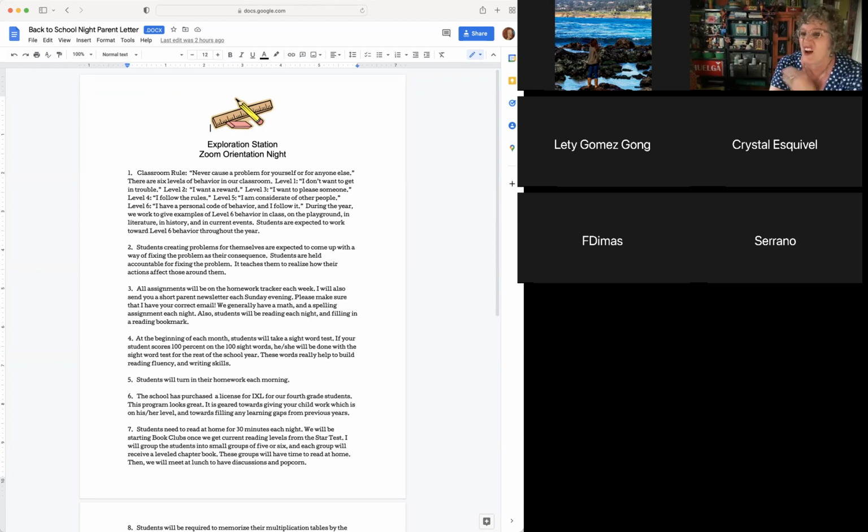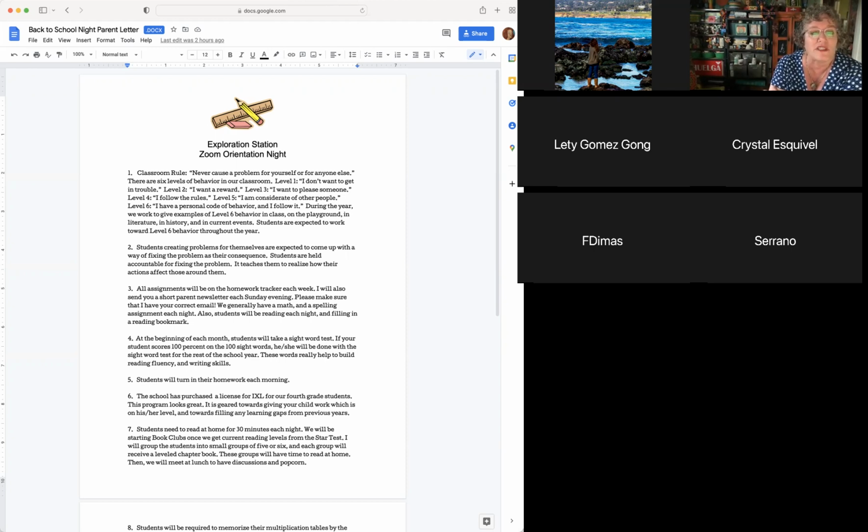Level 4 is just I follow the rules. That's kind of what we're looking for in class, is just level 4 behavior, following the rules, not causing a problem for yourself or for others. Level 5 is I am considerate of other people. And level 6 is I have a personal code of behavior and I follow it.